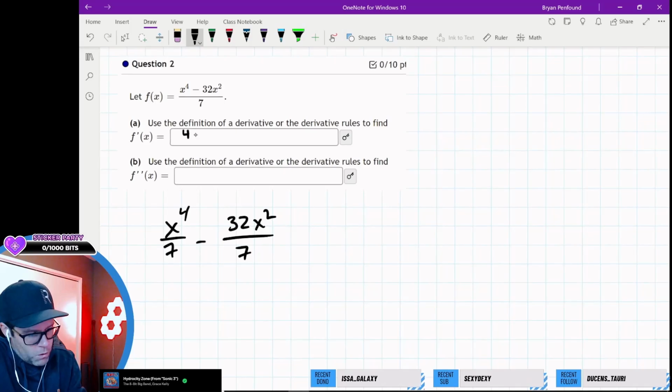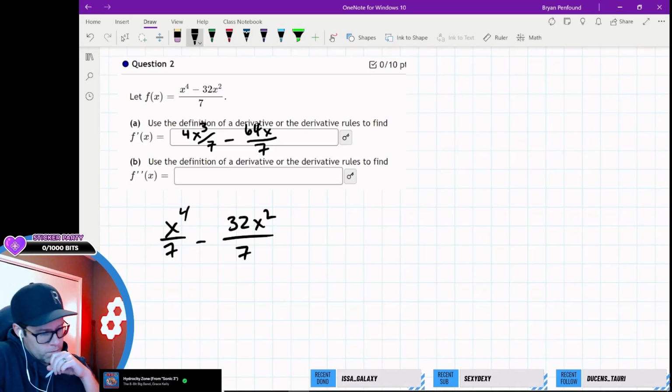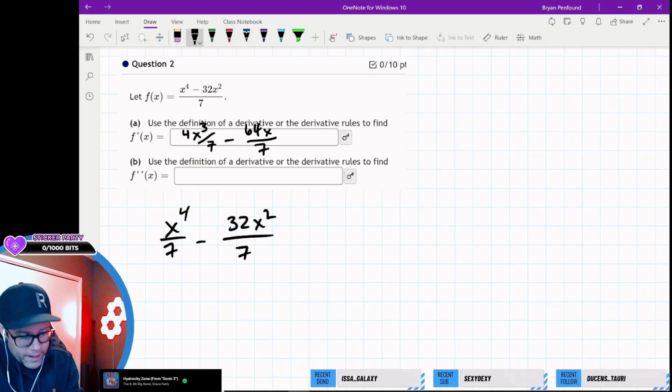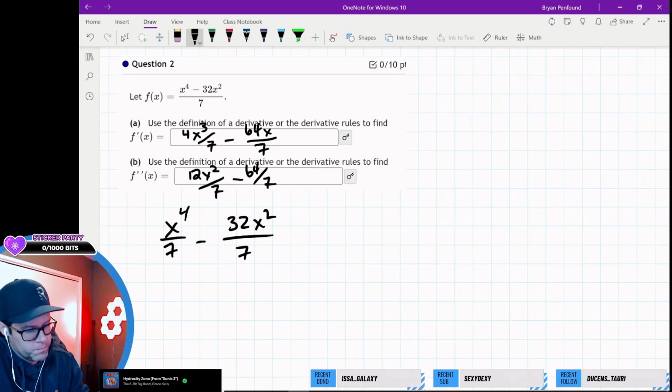So we're going to get 4x cubed over 7 minus 64x over 7. And then if I want to find the second derivative, I just repeat that process. 4 times 3 is 12x squared over 7 minus 64 over 7.